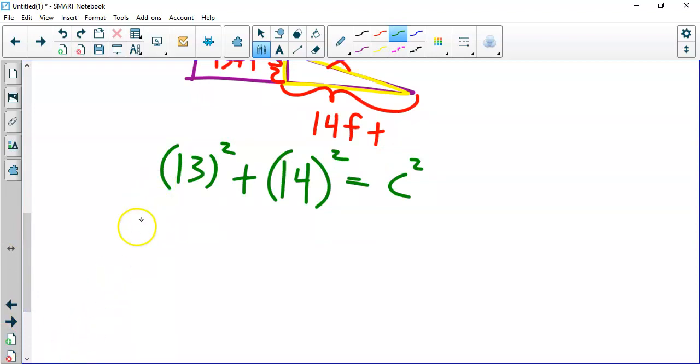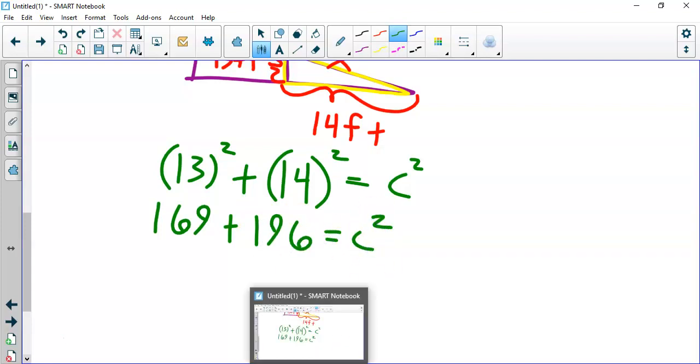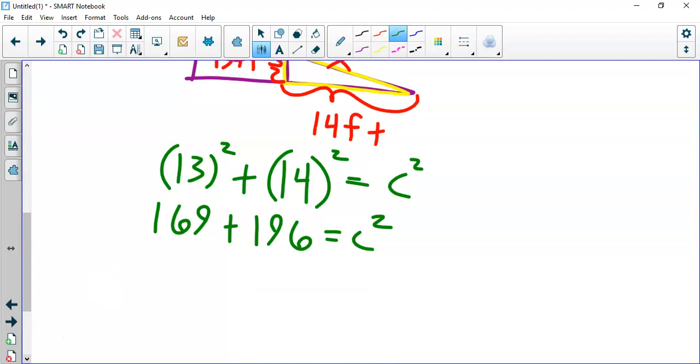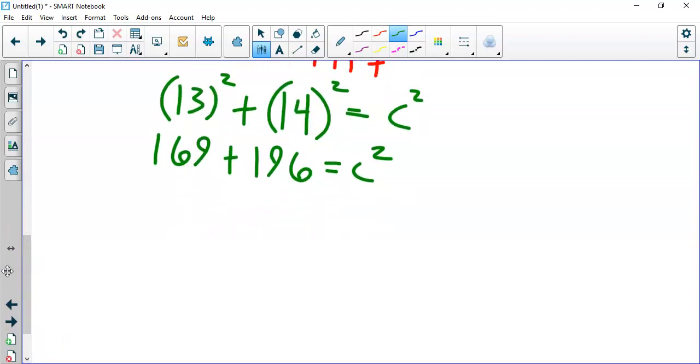All right, so what's 13 squared? 169 plus, what's 14 squared? 196 equal to C squared. All right, 169 plus 196. 365 equal to C squared.